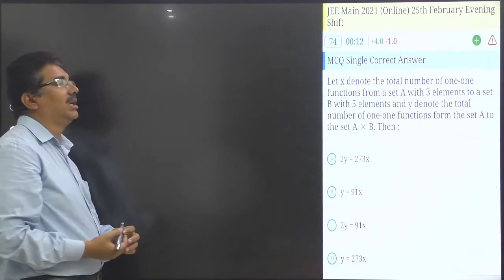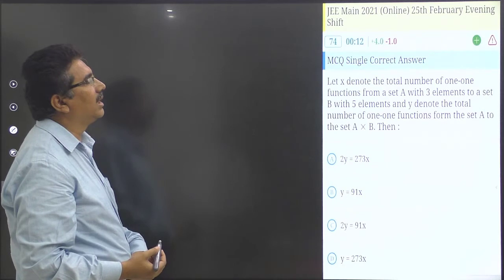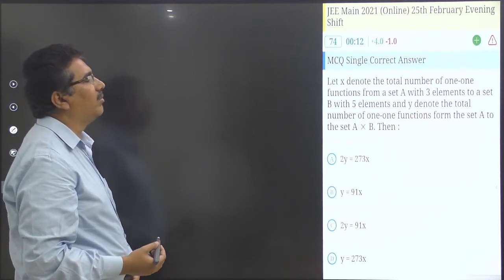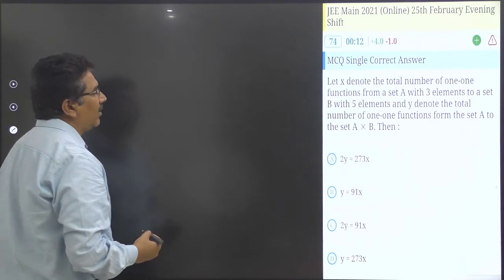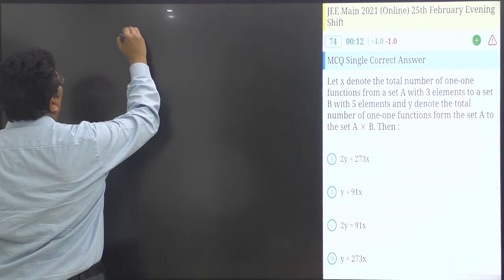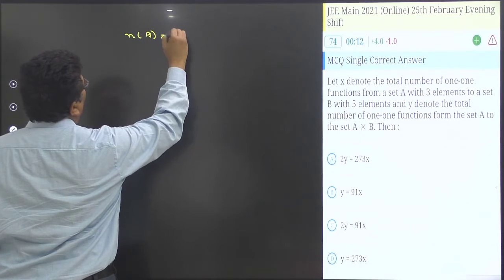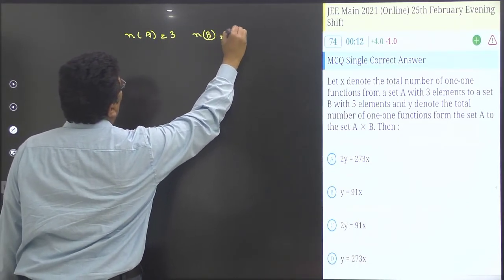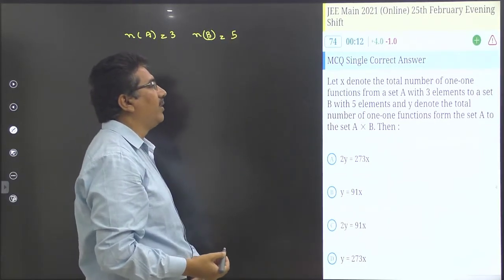Right. Now, next one. Let capital X denote the total number of 1-1 functions from a set A with 3 elements to a set B with 5 elements. Right? Number of elements in set A is equal to 3, n of B is equal to 5.